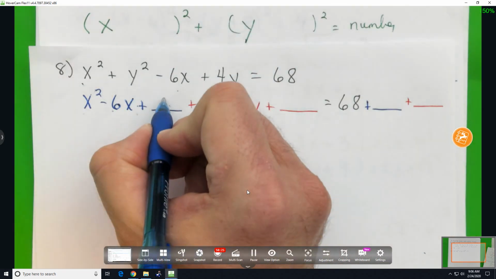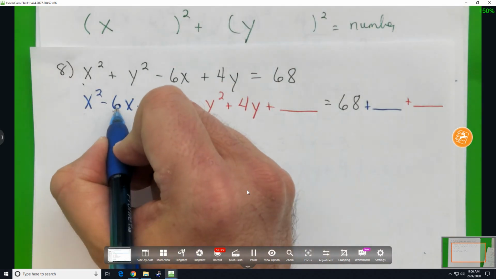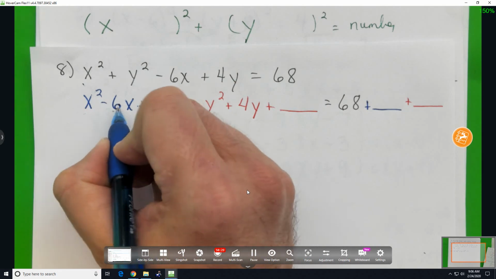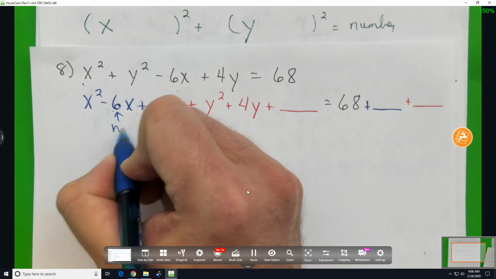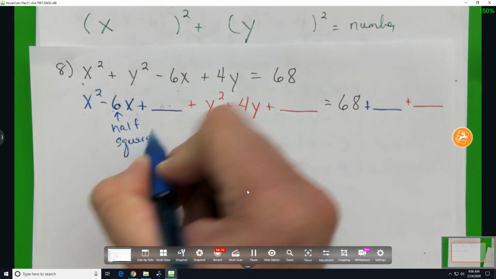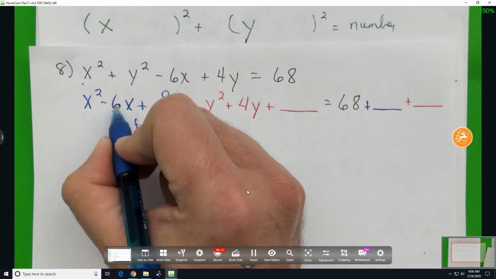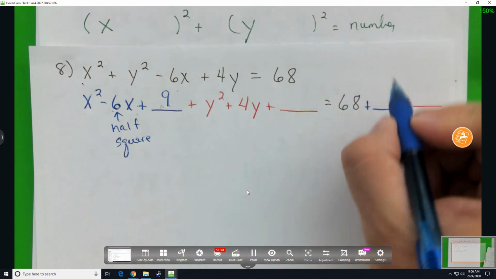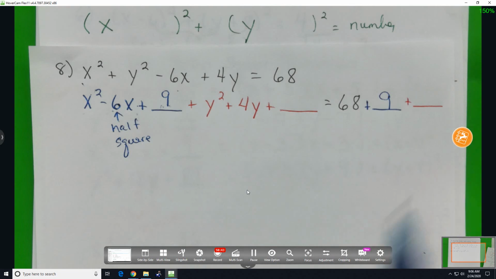A 9, did y'all hear that? You take half of this number and square it. Take half and square it. That's how I'm getting a 9. Half of 6 is 3. 3 squared is 9. Put it on both sides.